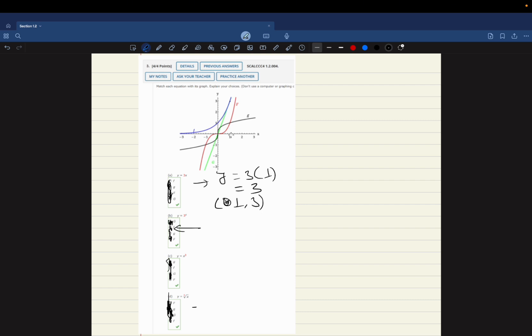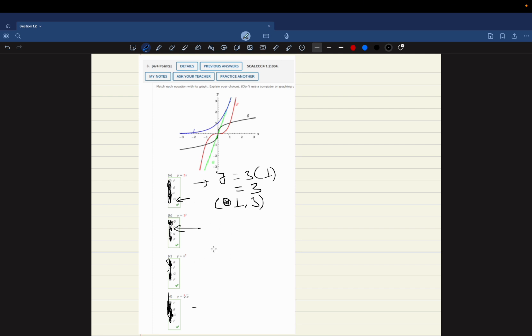Okay, so here is 1 and then here is 3. So it looks like both blue and green are intersecting, but blue is already done, so the green is the only remaining one. So green is the answer for number A, and green is capital Z. Okay, so capital Z is the answer for number A.